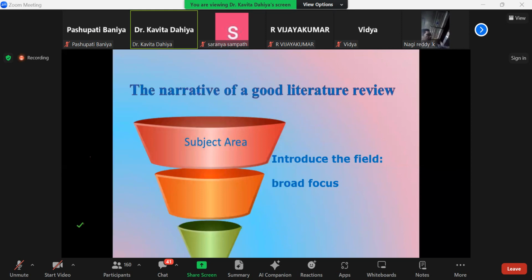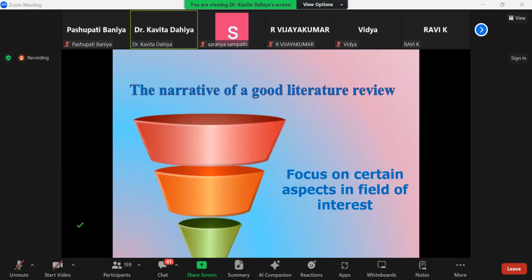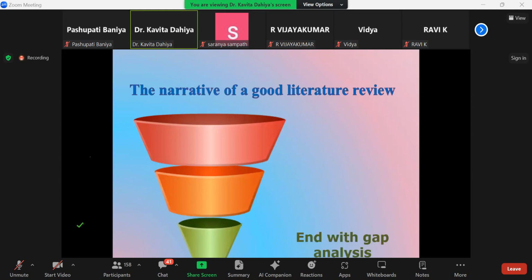The first part represents entrepreneurship. The second part is rural entrepreneurship, and the third part, the bottom part, represents rural entrepreneurship in Haryana. The middle part focuses on certain aspects in the field of interest. The first part represents entrepreneurship, this one represents rural entrepreneurship, meaning focus on certain aspects. I am including rural entrepreneurship, whether national or international. But this third part represents the gap analysis, meaning rural entrepreneurship in Haryana.